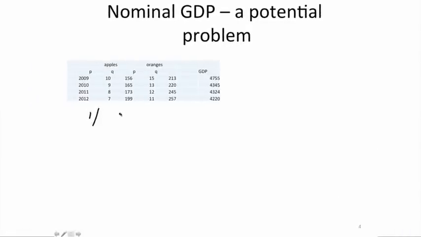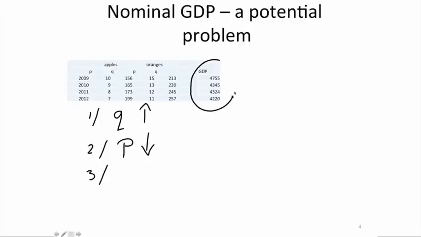First of all, for both apples and oranges, the quantities are increasing through time. Secondly, for both apples and oranges, the prices are decreasing through time. And the third thing is, if you do the nominal GDP calculation, exactly as we have done in the previous slide, you'll see that nominal GDP, now remember I'm going to use the letter Y as my shorthand for nominal GDP, is trending down.